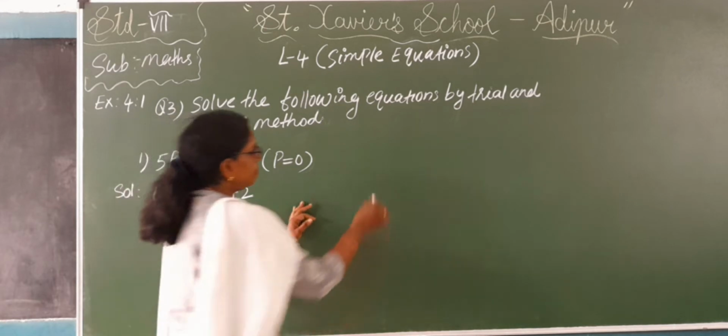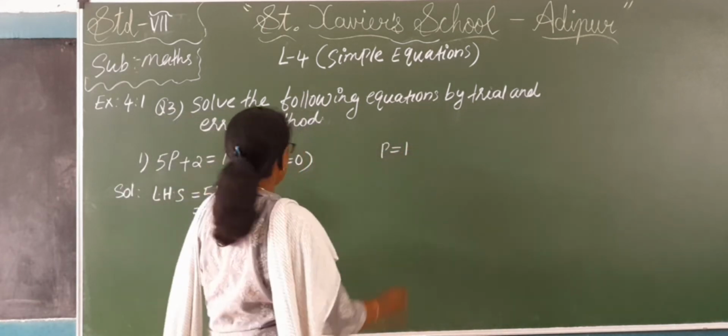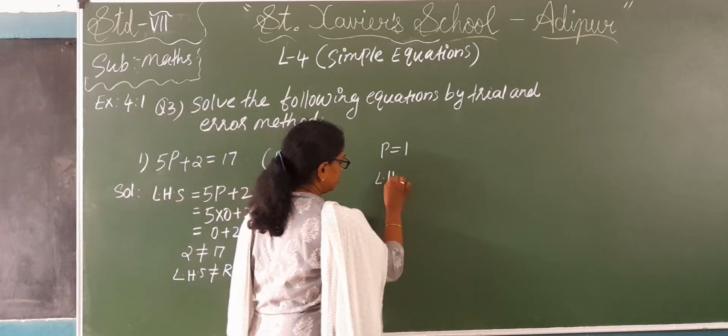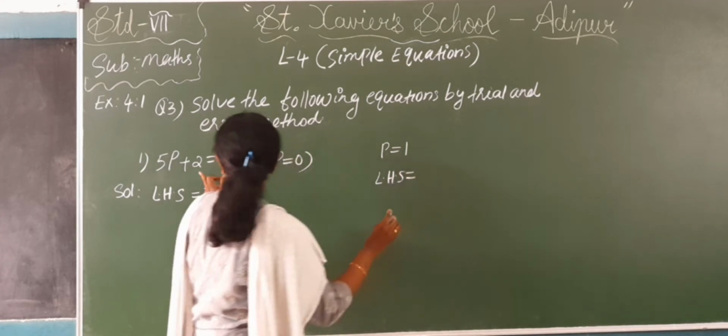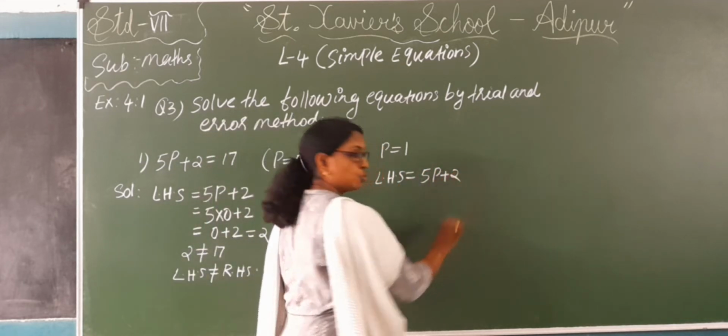And next, p is equal to 1. Okay, what is the question? 5p plus 2. What is the LHS? LHS is equal to 5p plus 2.